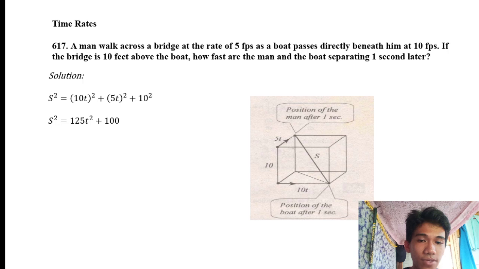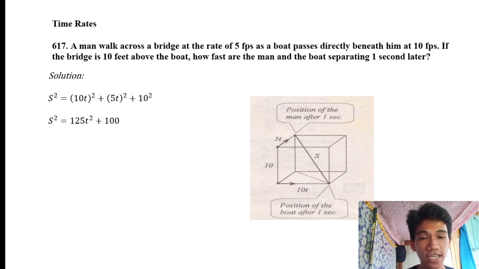s squared equals to 10t squared plus quantity of 5t squared plus 10 squared. Then after, i-simplify na nato ang given value. I-multiply na nato ang square sa 10t.